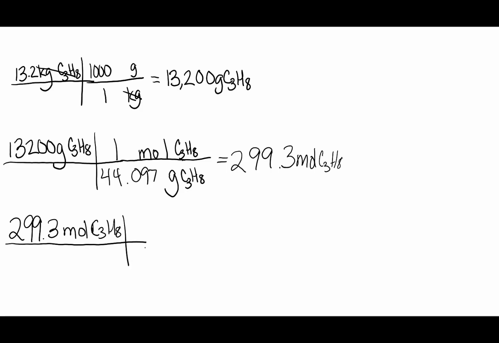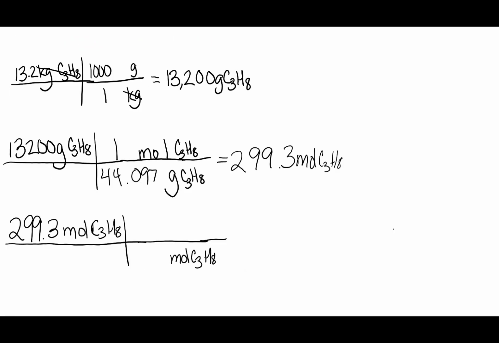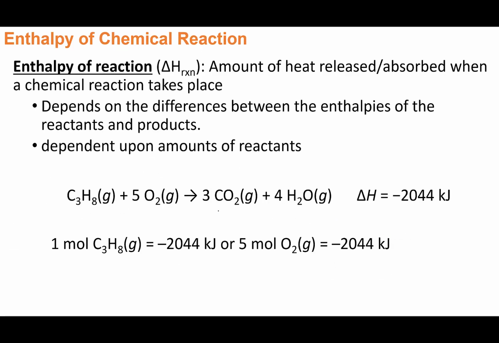Train track. And moles of C3H8 on the bottom. And on the top, moles is what we're getting rid of. What's our destination? Our destination is kilojoules, so that's going to go on the top. So how in the world can we go from moles to kilojoules? Well, it has to do with this equality here.